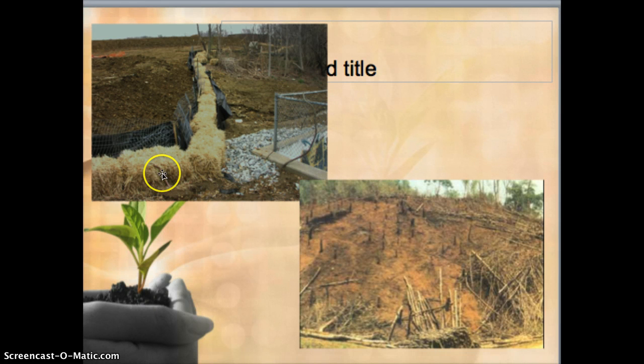Oftentimes we have a construction site, and this was evident, I know it's been a year now or so, when they were adding the Target up at the mall, along the hillside along Route 19, you could see that they had big bales and a fence to hold in all the material so that there was less erosion and no topsoil running down onto the highway, as opposed to something like this, which is a clear cut, where all the soil is just basically barren and you're going to get a lot of erosion in those instances.